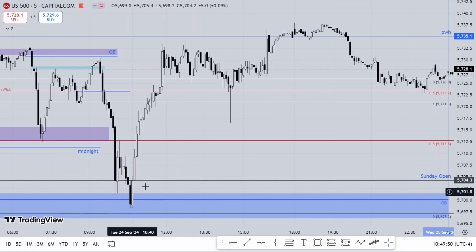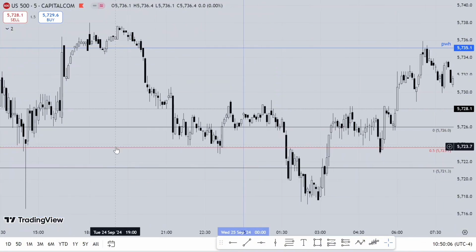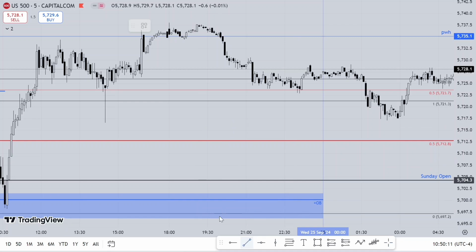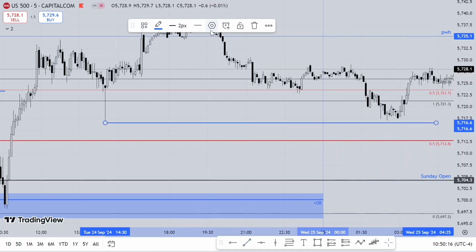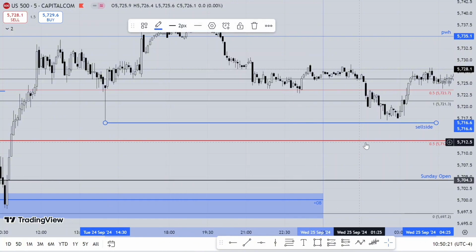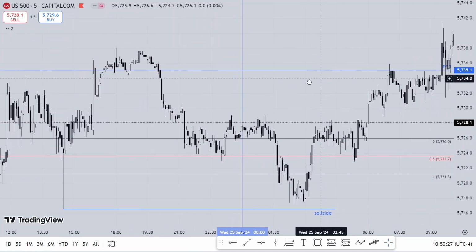Price traded out below Sunday's opening. Now this is an indication for higher prices because price is not spending too much time below Sunday's open. Price does not spend too much time in a discounted market. So below Sunday's open is a discount market. Sunday is fair value. So price kept leaving this PDRA. We had this low left here in price, so sell side will be resting below here. So yeah, we have Wednesday's trading.